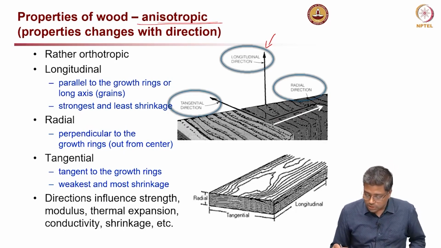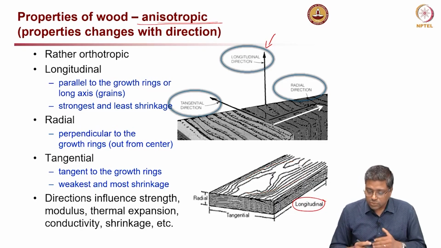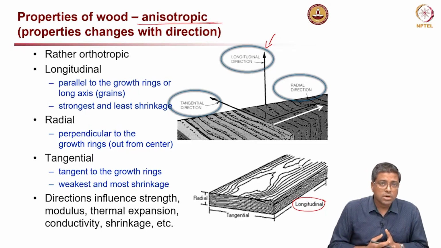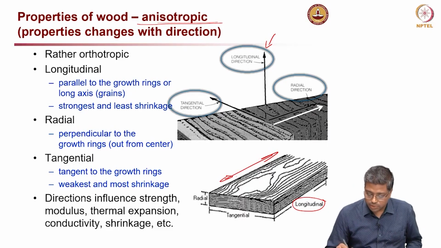Look at the picture on the bottom right. You can see this is the longitudinal direction I am talking about, and these are all the grains you can see. Along the grains they do not shrink much, and shrinkage in this direction is very minimal.